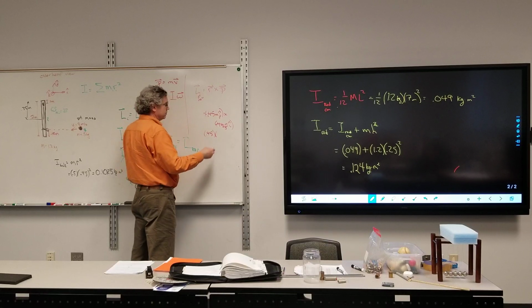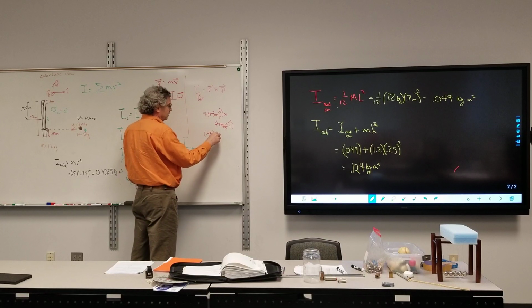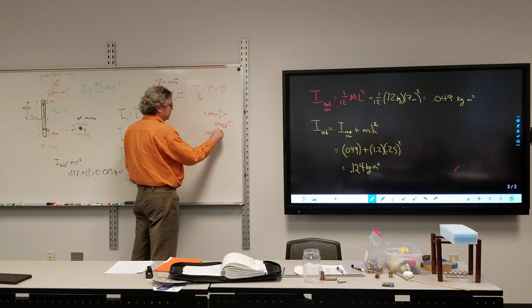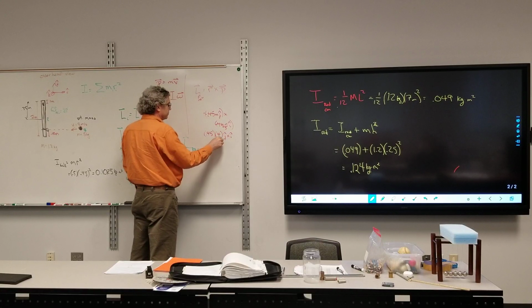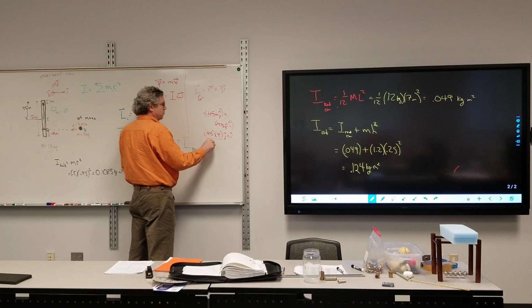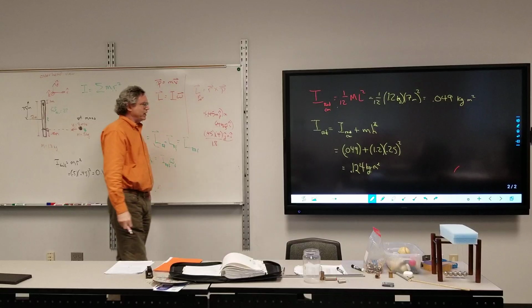We only found I there. 0.45 times 4, J hat cross I hat. So that's gonna be 1.8 J hat cross I hat.